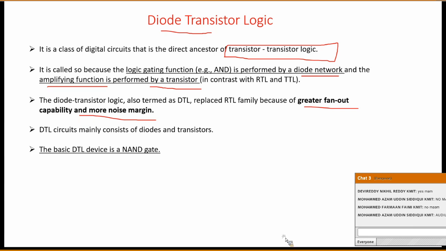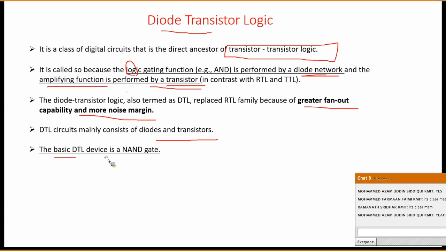Yes. Okay. So DTL circuits mainly consist of diodes and transistors. Just understand, the logic function in the circuit is performed by the diode, and the amplifying function is performed by the transistor part.